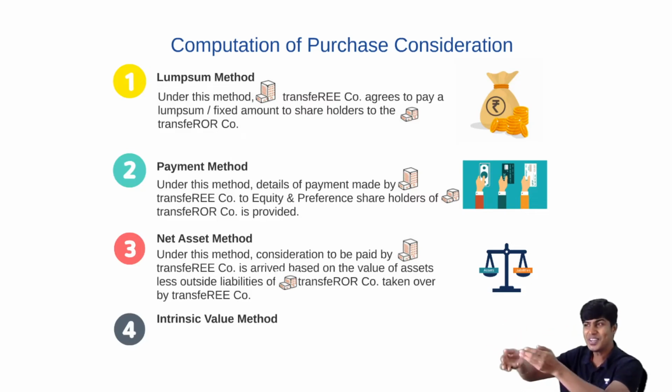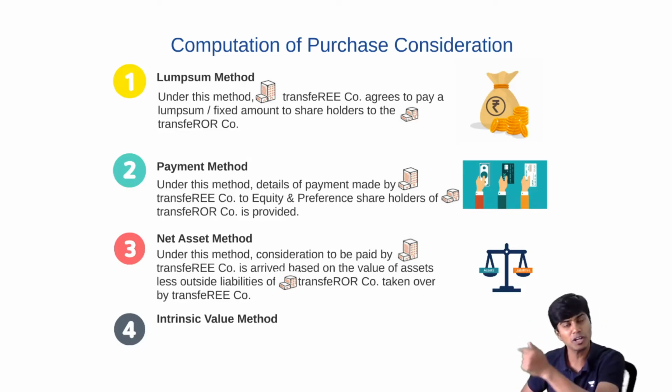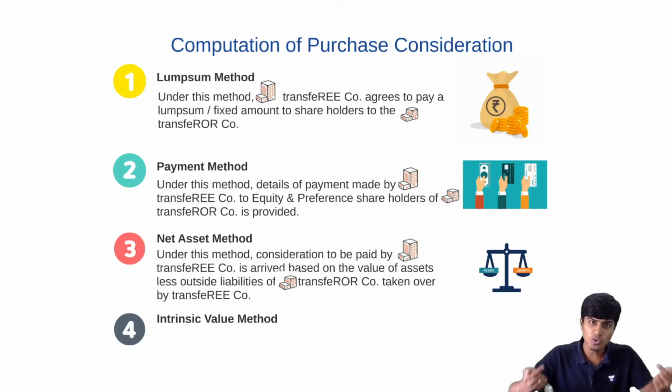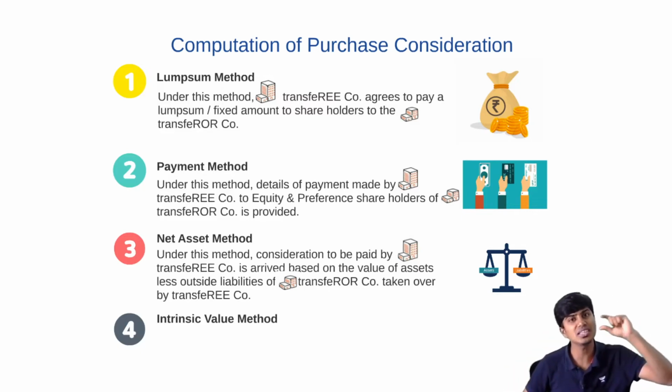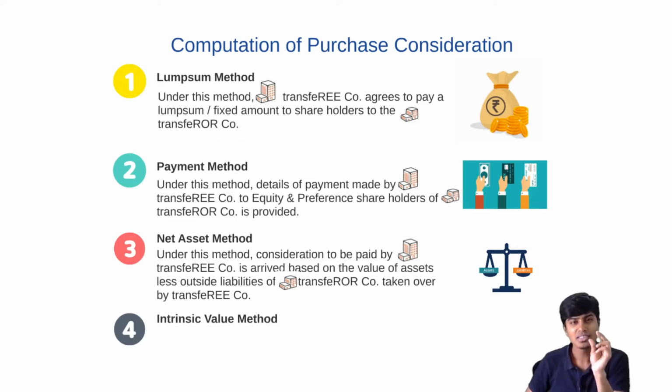So you take that and divide by the number of equity shares of the transferor, and you get each share value of the transferor. Similarly, you do it for the transferee. For the transferee, each asset at market price minus each liability at market price gives the net asset value per share. So we have the per share value of the transferee and the per share value of the transferor.